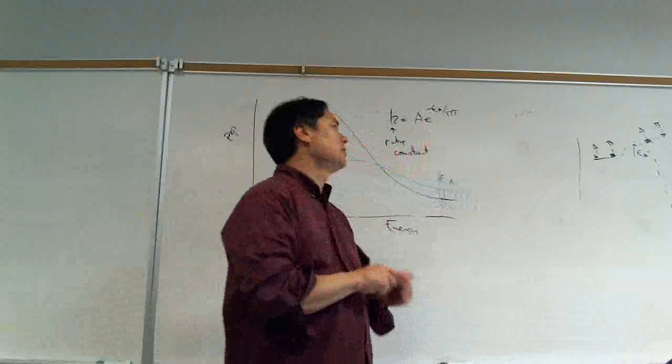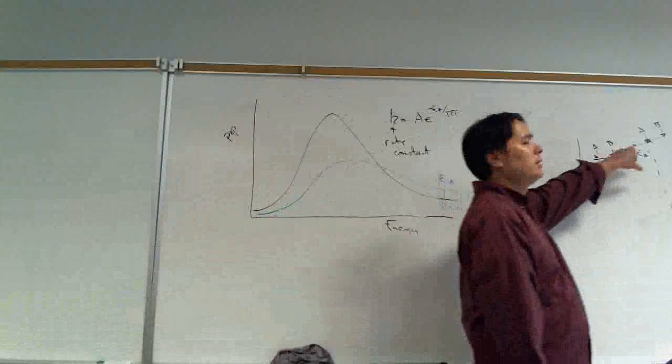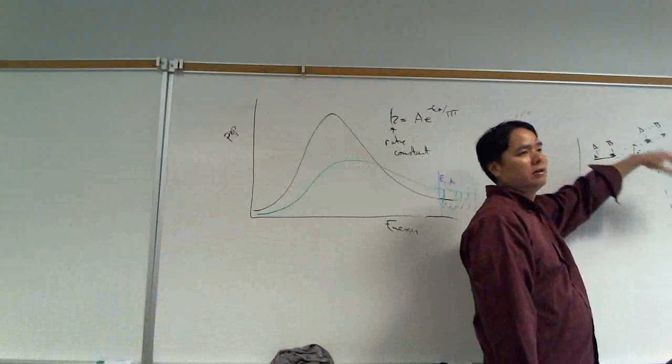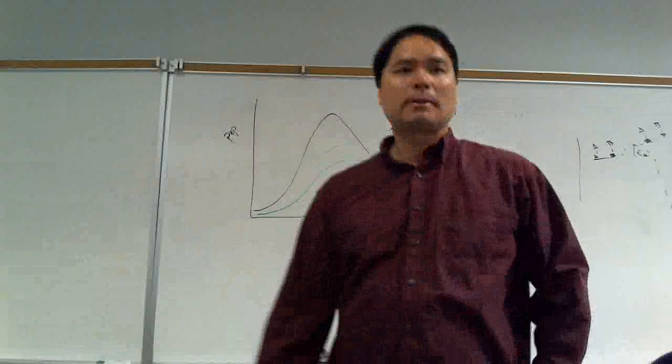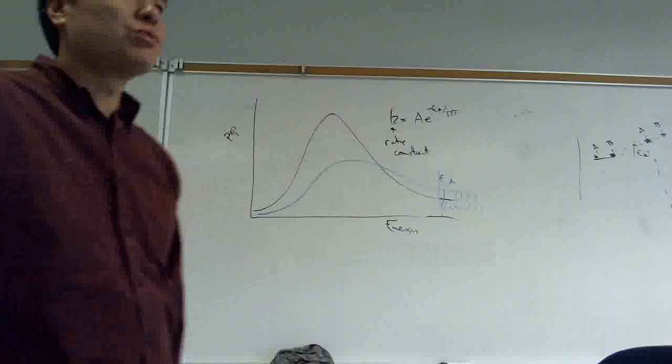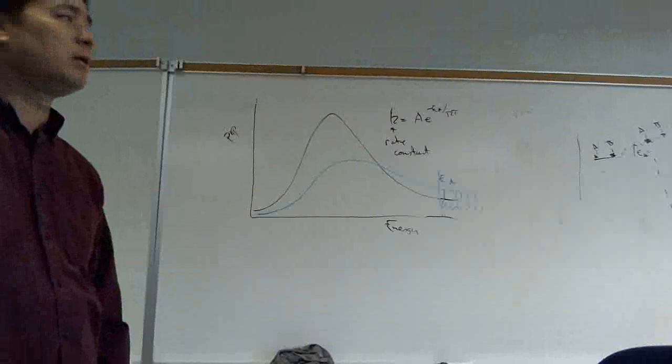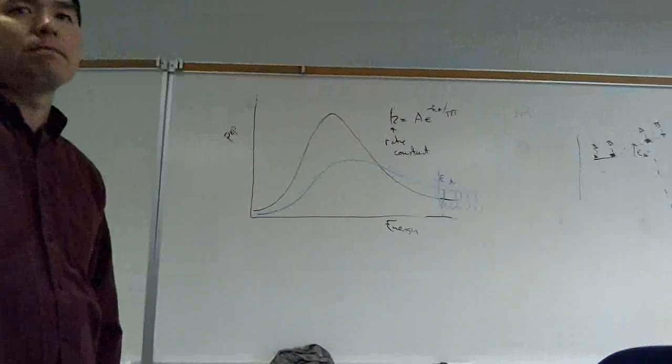So Ea is related to the bond energies here. The harder the bonds are to break, the higher the activation energy should be. But it's not directly related to bond energy. It's not equal to the bond energy because bonds are forming at the same time.